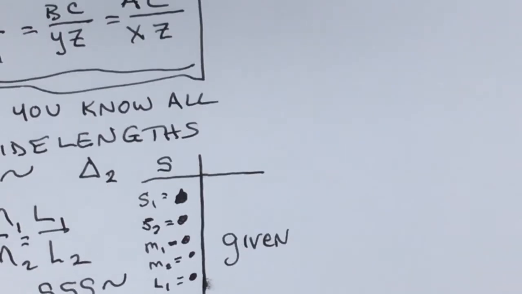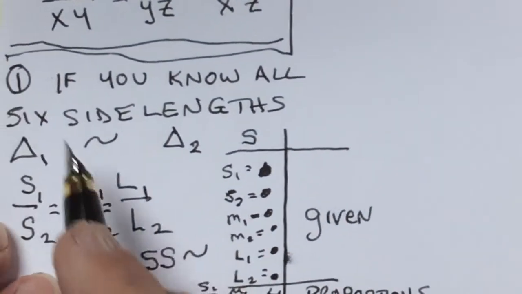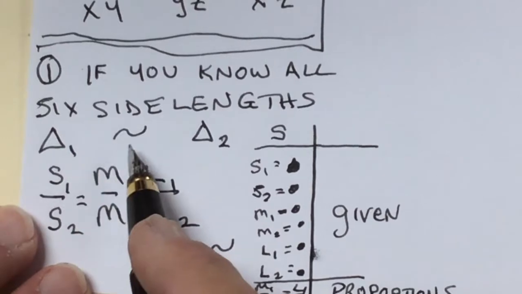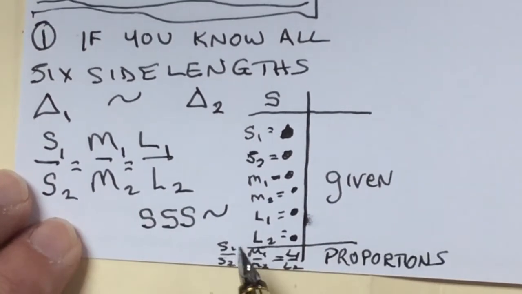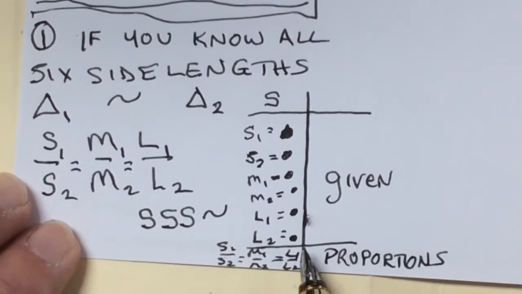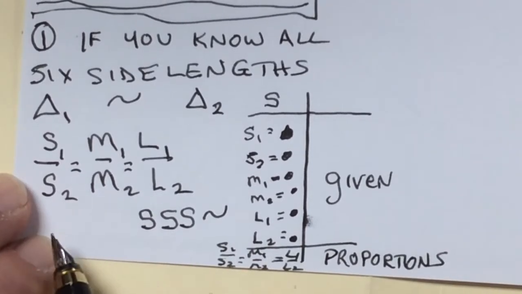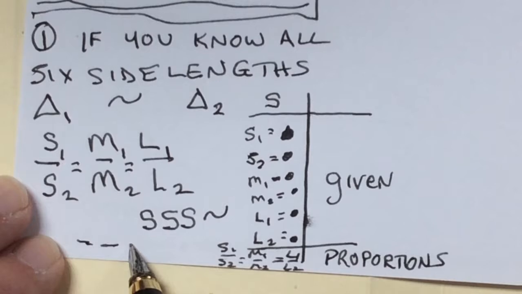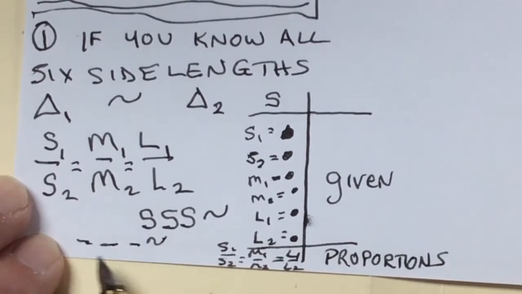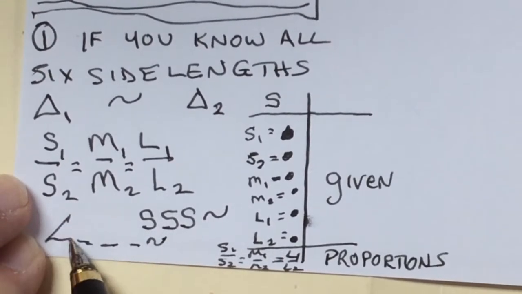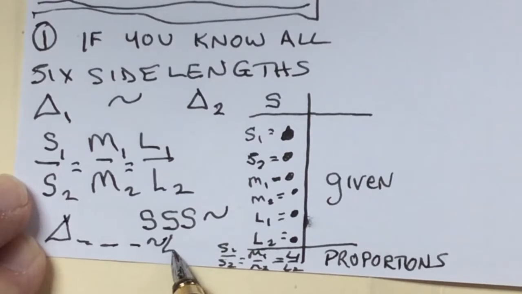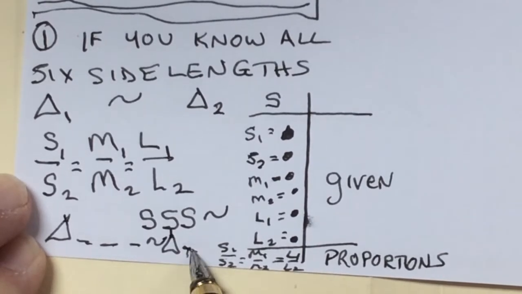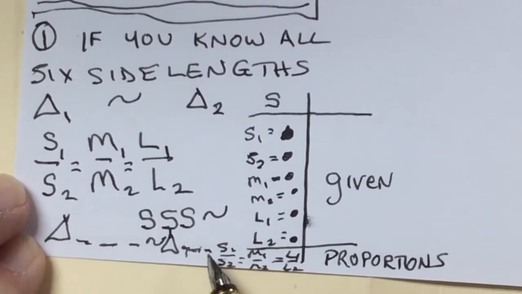And then the third thing is to write the similarity statement, and to write it in such a way that small, medium, large are represented correctly in the order that you put the letters. And what do you say is your reason for that?